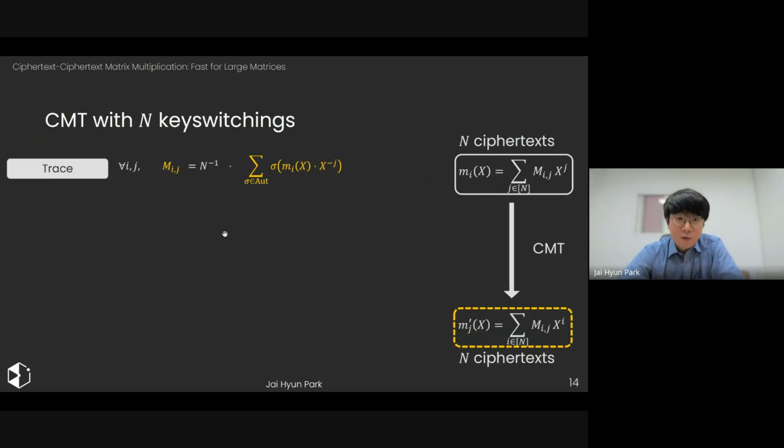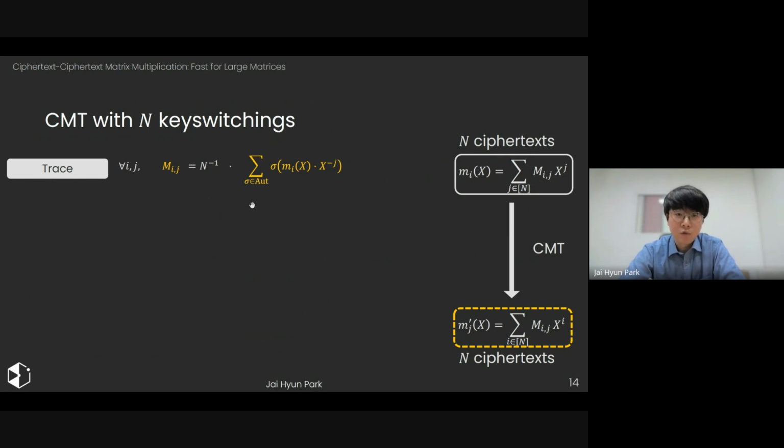The first tool someone may want to know is tracing. How can we extract this M_ij from this M_i? You can think of something like rotate-and-sum if you're familiar with ring-based ciphertexts. When you sum up all the images of the automorphisms for a given polynomial, you can extract the constant term of the polynomial. That is called the trace.